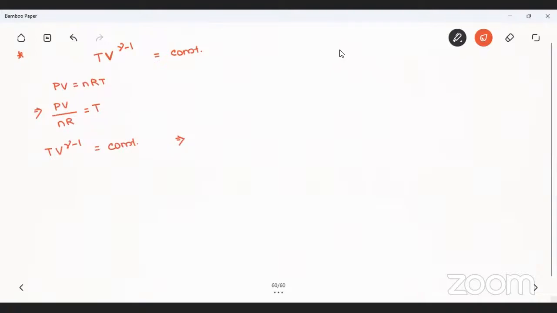How can we write this T? T is PV by nR, into V to the power gamma minus 1 is equal to constant, right? So what can we write? PV into V to the power gamma minus 1 is equivalent to nR into constant.